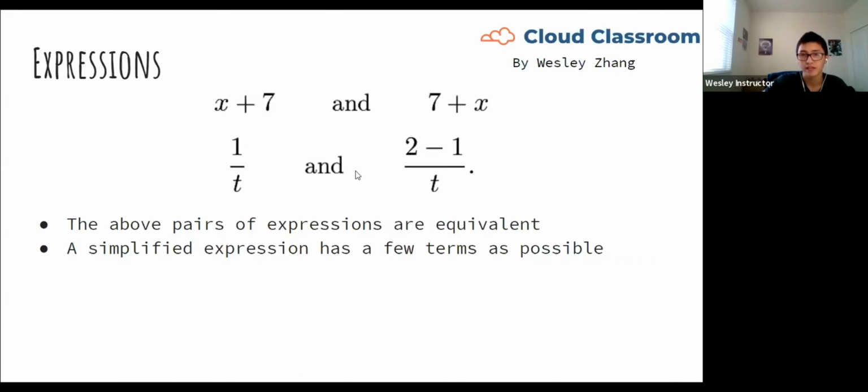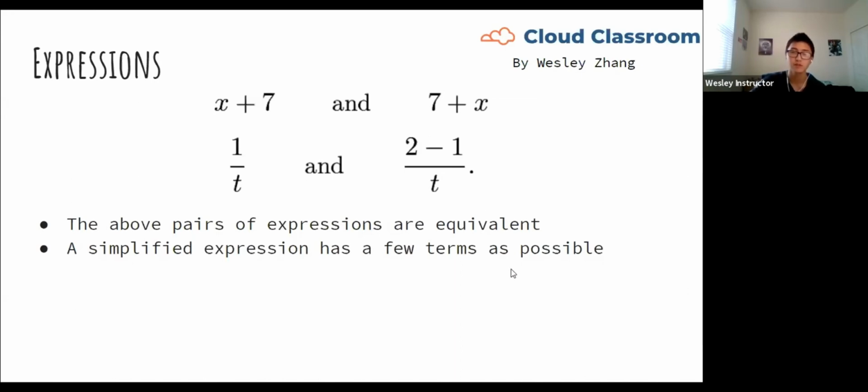1 over t and 2 minus 1 over t are also equivalent. That's because if I simplify the one on the right, 2 minus 1, I get 1 over t, and that is the same thing as the one on the left. So a simplified expression has as few terms as possible.